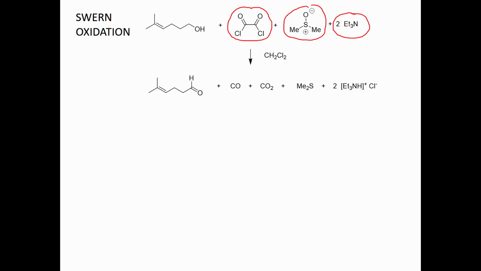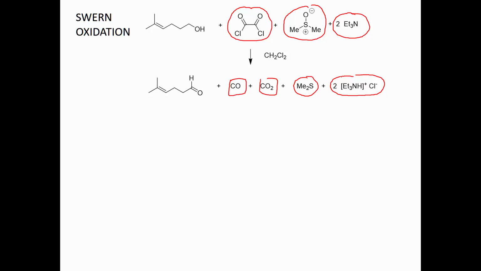In the balanced equation here, you generate a couple of gaseous byproducts, carbon monoxide and carbon dioxide, a stinky compound, dimethyl sulfide, and the chlorines and the hydrogens go away as the ammonium salt derived from triethylamine.